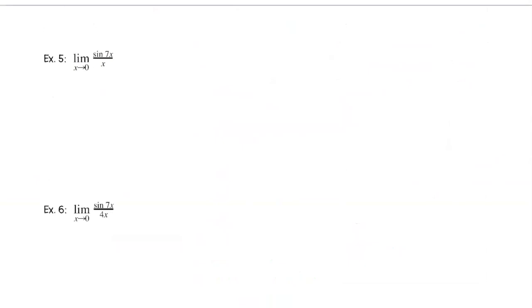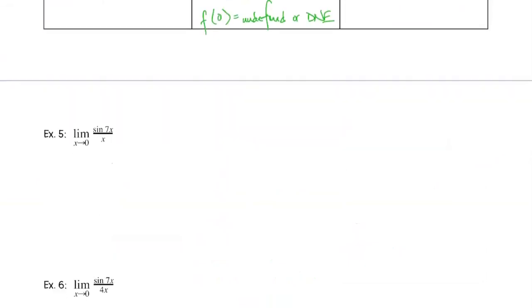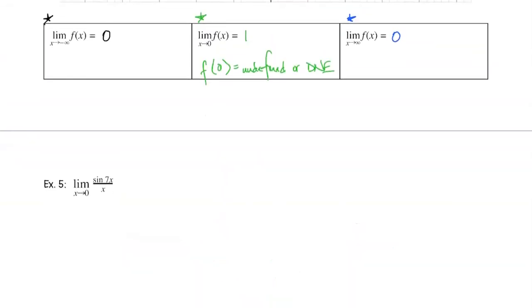From above, one of the important things to know is this green one right here. This is the one that gets asked about a lot. People want to know what happens when we get close to 0. So we're going to use what we have and try to figure out how we can get example 5 to match that same form.